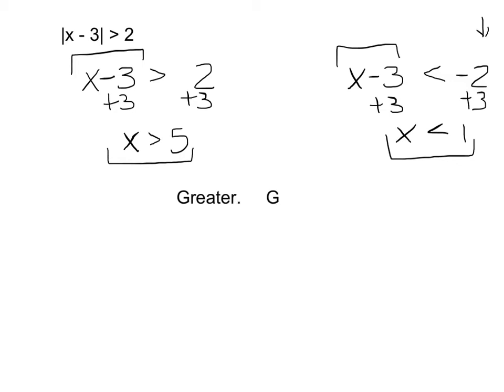You might want to think of this as a "greater" symbol. And the reason I say that is because if I look at this greater, this is an or statement. And that might help you remember that. And we said before about the or statement, most likely this is going to be circles with arrows pointing away from each other. If it's a special case, it might be all real numbers.